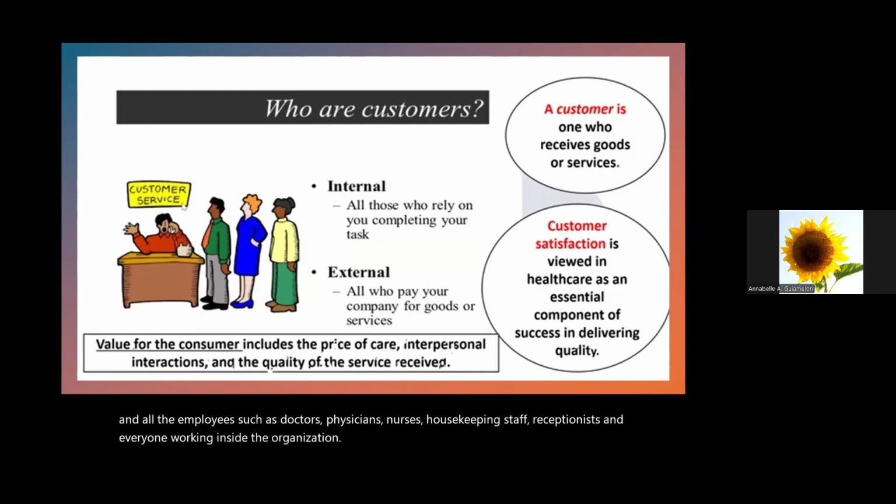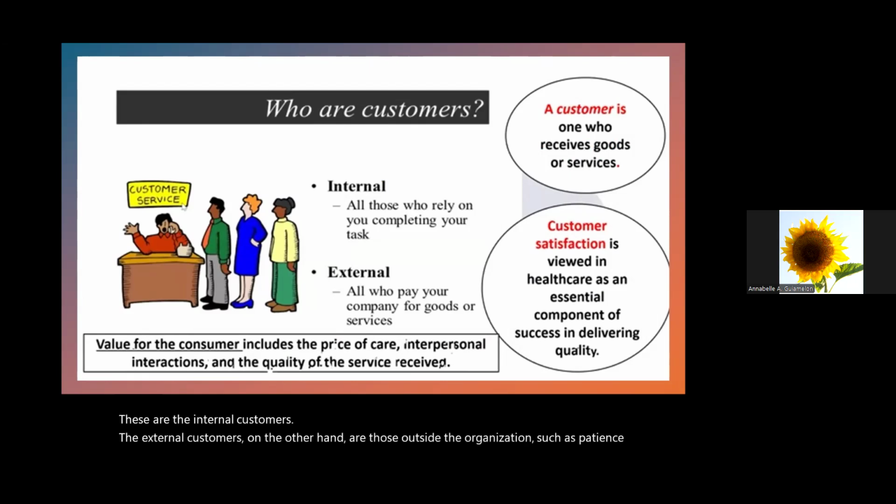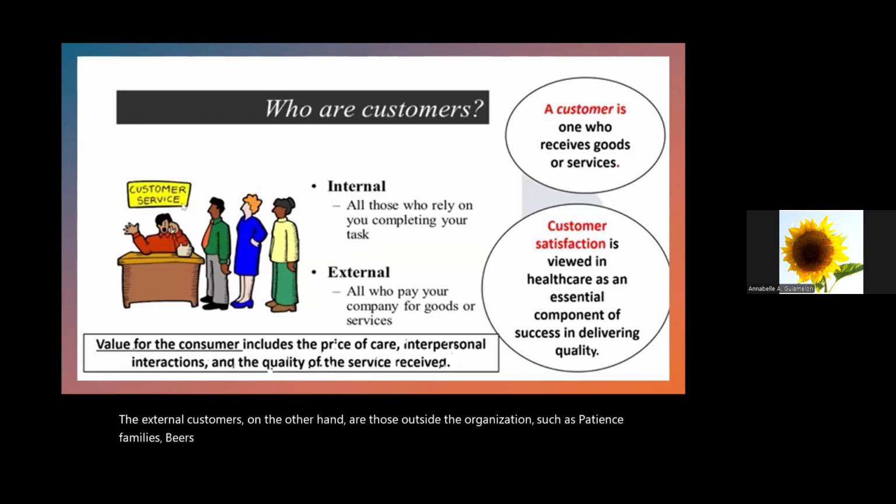The external customers, on the other hand, are those outside the organization, such as patients, families, peers, insurance companies, and providers from whom I purchase medications or medical supplies. All of these are considered external customers.